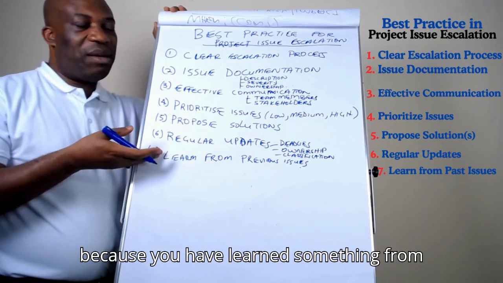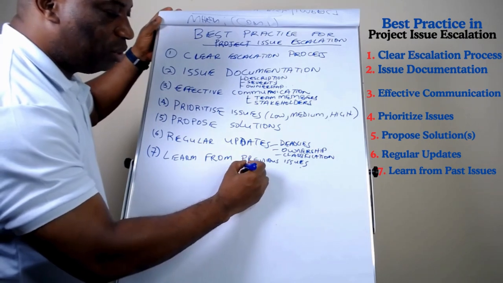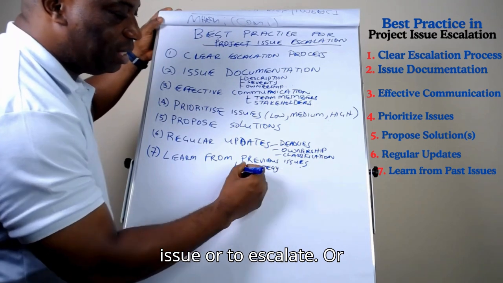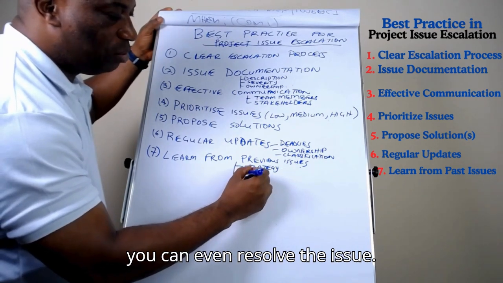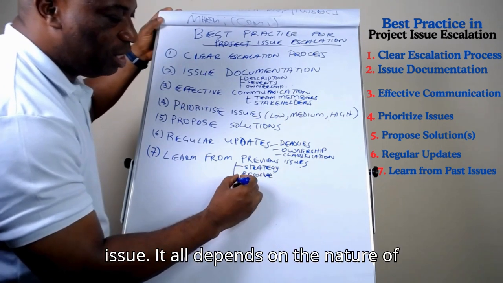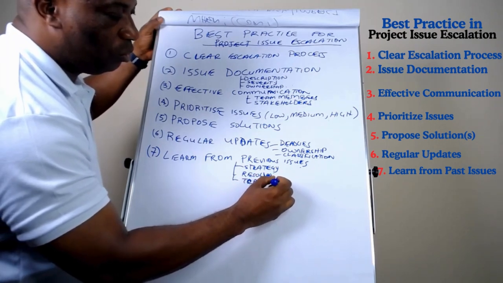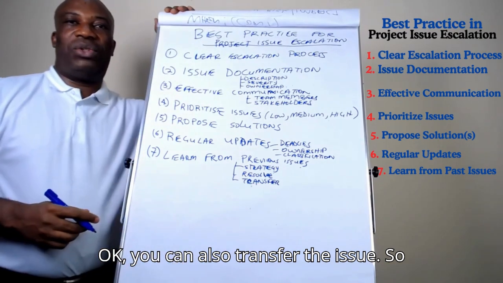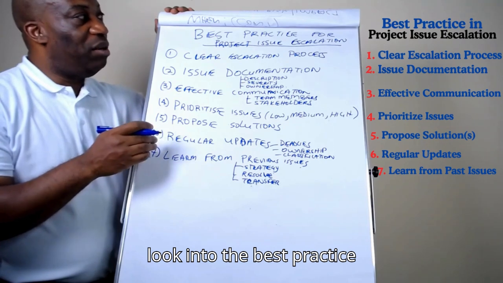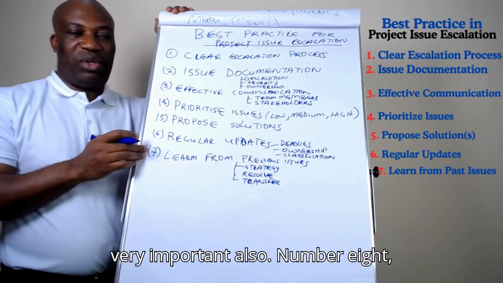Because you have learned something from the previous project, you can apply the same strategy to resolve the issue, or to escalate, or even transfer the issue. It all depends on the nature of the issue. So there are different ways to look into the best practice for issue escalation. This is very, very important also.